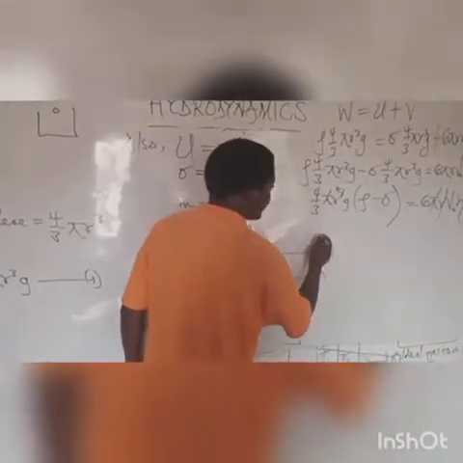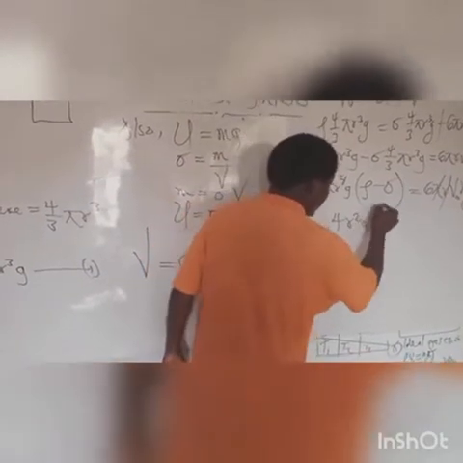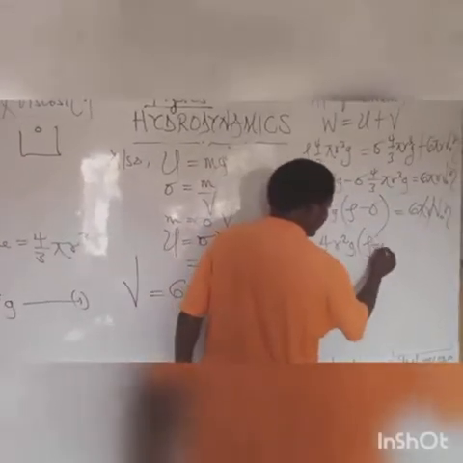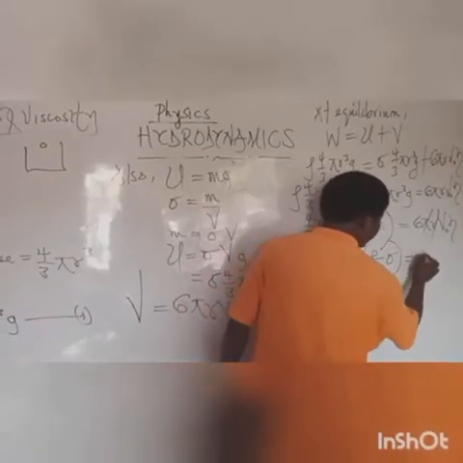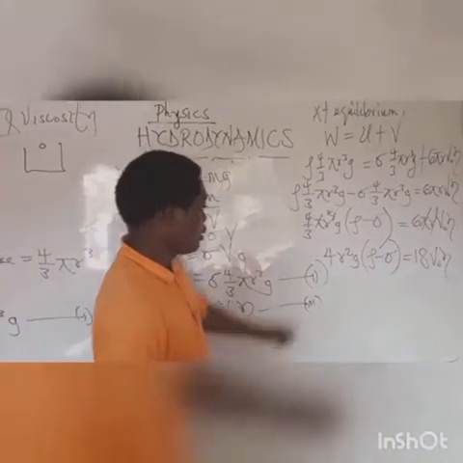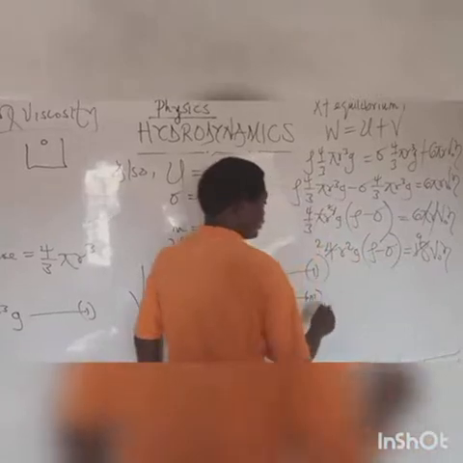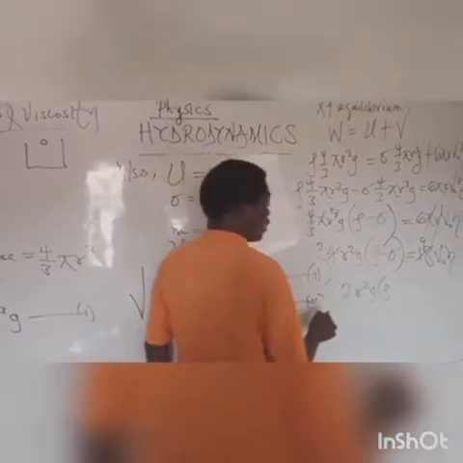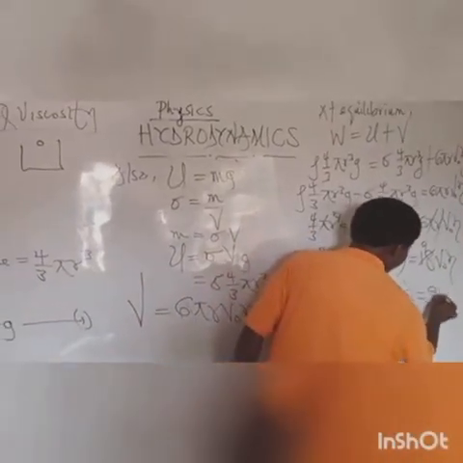When we cross multiply, we get 4 r squared g times the density of solid minus the density of liquid is equal to 18 V naught times the coefficient of viscosity. 2 here, 2 here, 9. So I get 2 r squared g times the density of solid minus the density of liquid is equal to 9 V naught times the coefficient of viscosity.